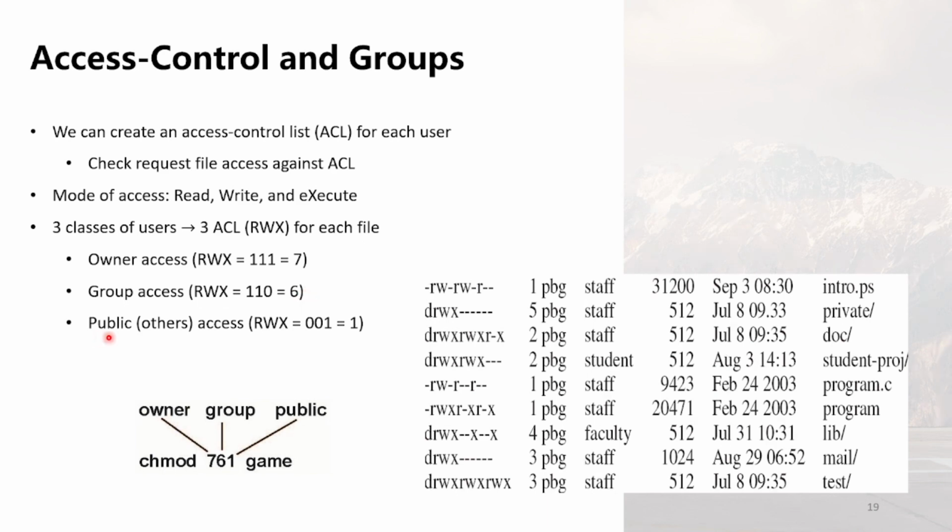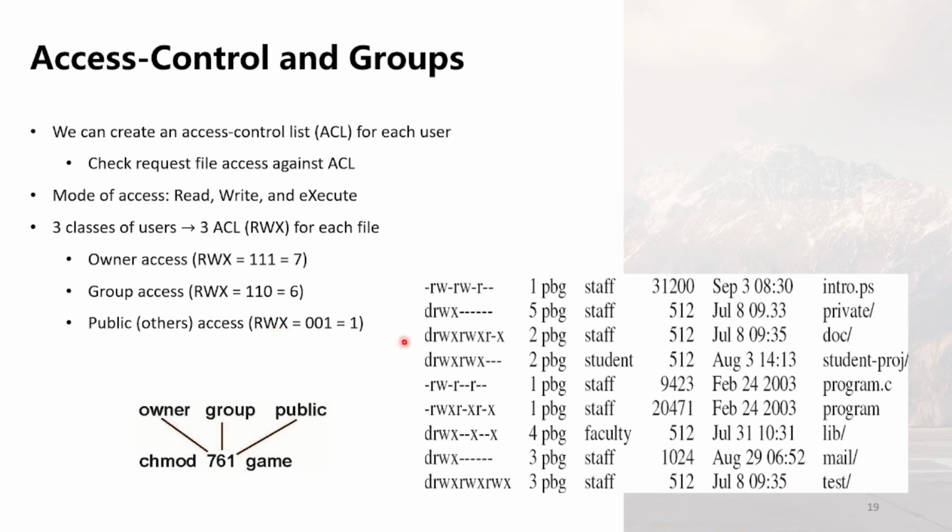Meanwhile, public access is the most limited, perhaps just 001 or 1, allowing only execution. These permissions are crucial for maintaining system security and ensuring that users can only interact with files in ways that they are authorized to.